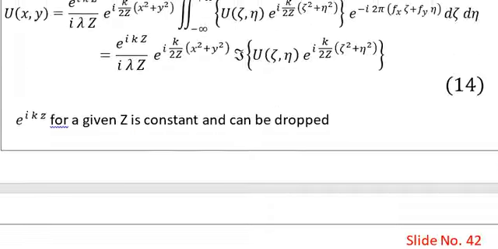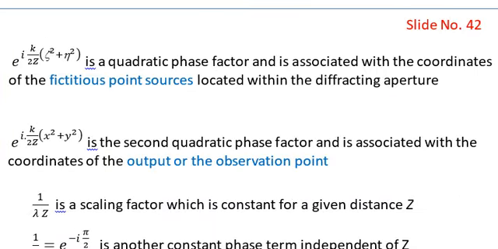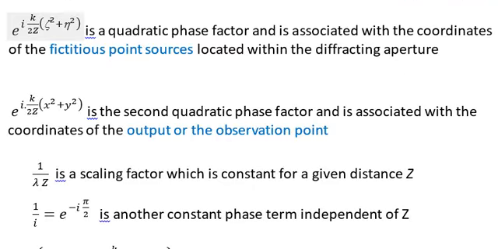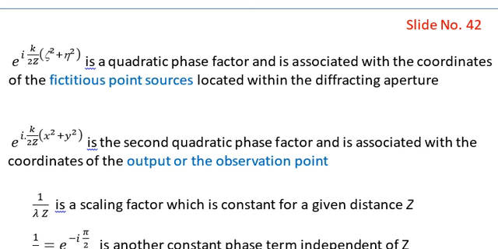So now we are going to explain some terms contained in equation number 14 in further detail. e to the power iota k over 2z into zeta square plus eta square is a quadratic phase factor and is associated with the coordinates of the fictitious point sources located within the diffracting aperture.